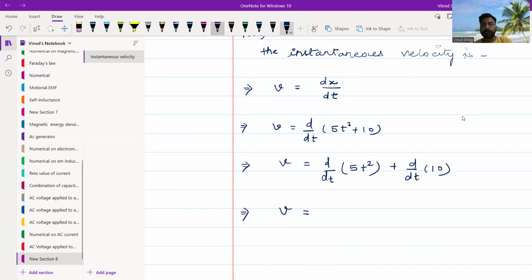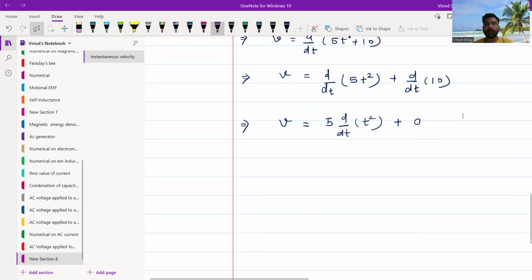So v equals, here we can see that 5 is a constant, so we can take it out of the differentiation. So it will become 5 d by dt of t square plus, since 10 is a constant, the differentiation of a constant is 0.